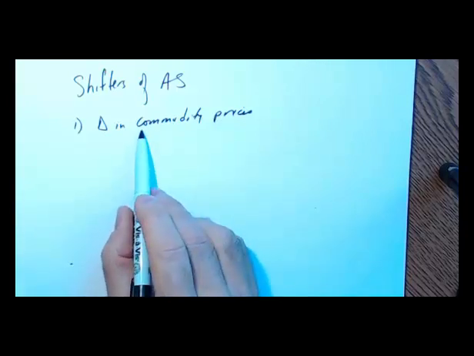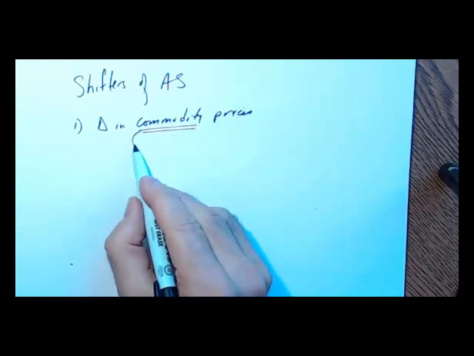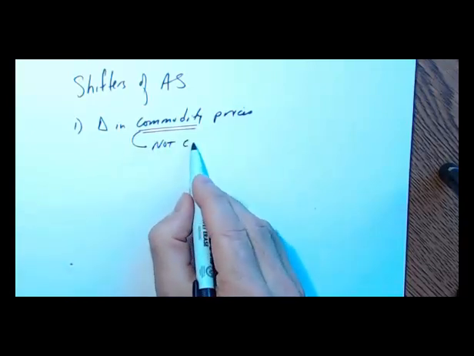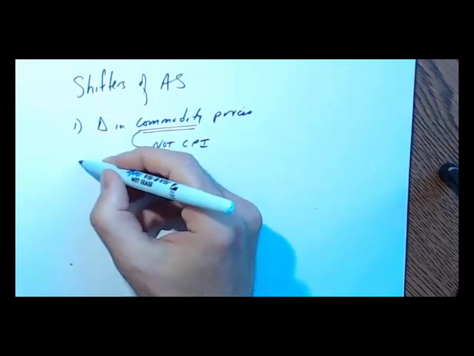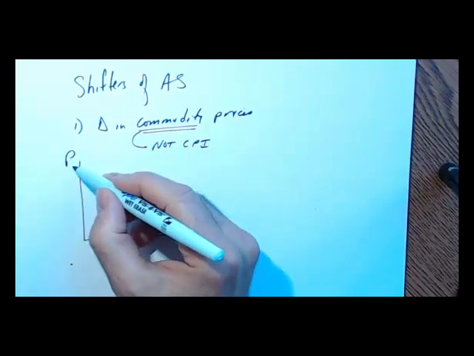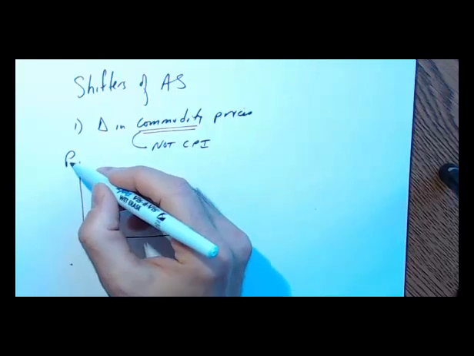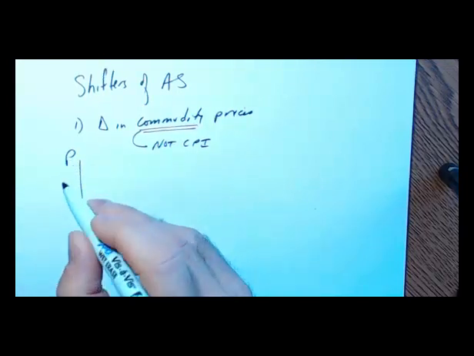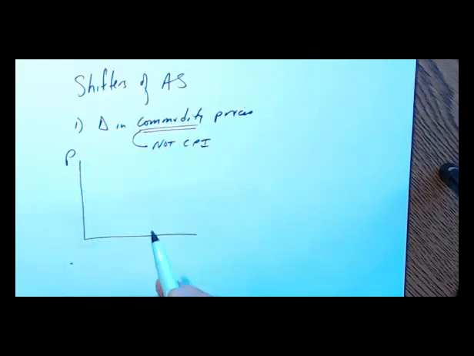Now keep in mind that commodity prices are not the prices that are measured by the CPI. As I tried to highlight earlier, when we're looking at aggregate supply and aggregate demand, we have the aggregate price level for final goods and services, which is the same as the GDP price deflator, because GDP measures the value of final goods and services sold.